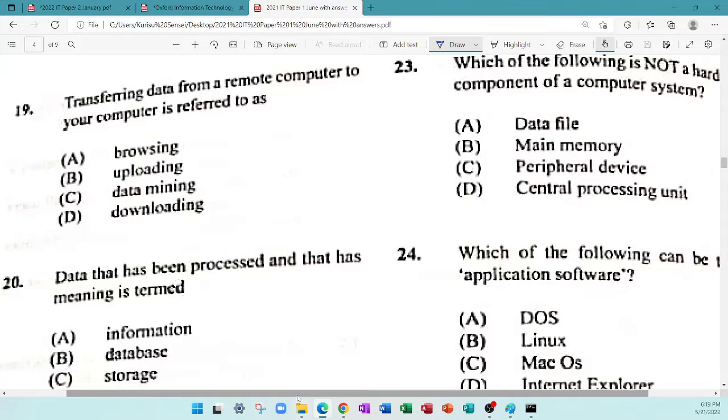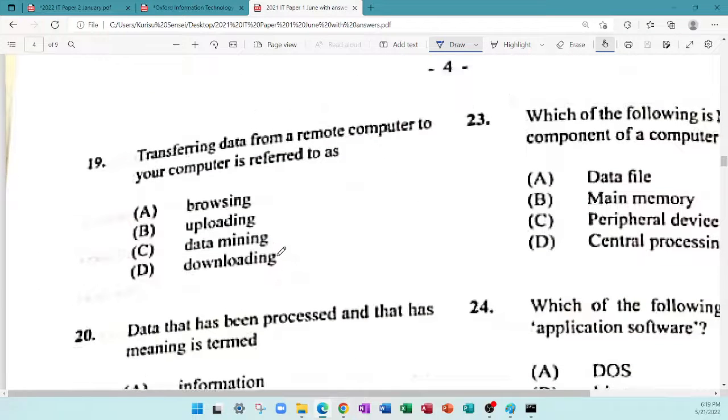19, transferring data from a remote computer to your computer is referred to as? Download? Why is it so confusing? Because I have to read the question. Download.